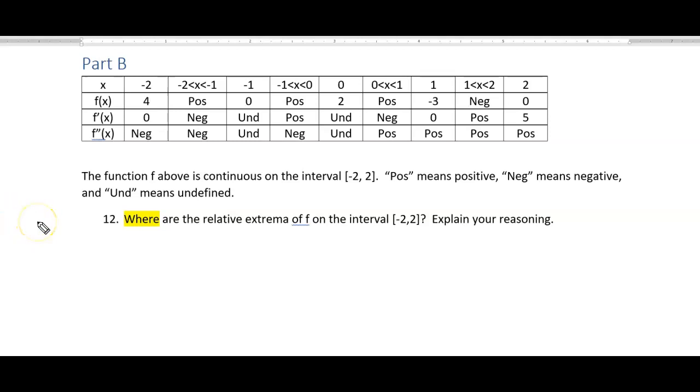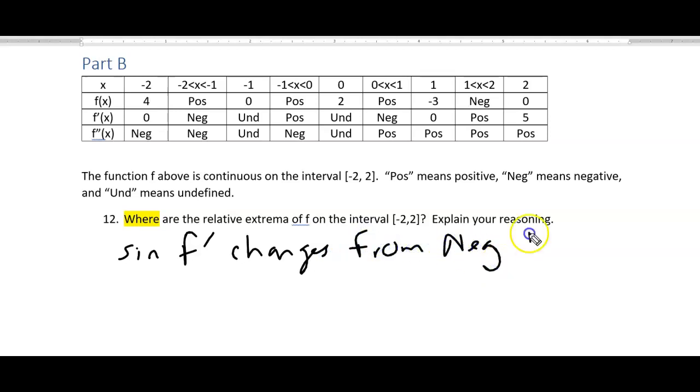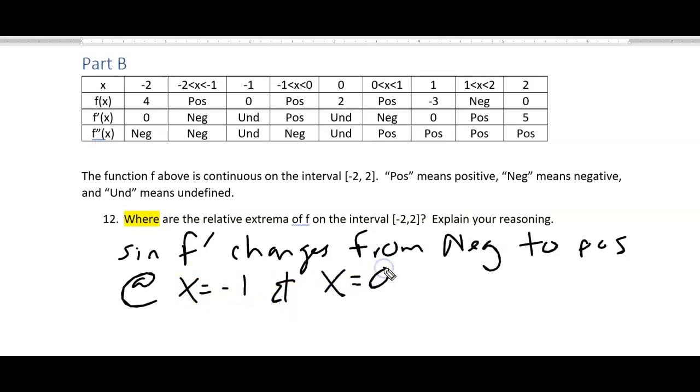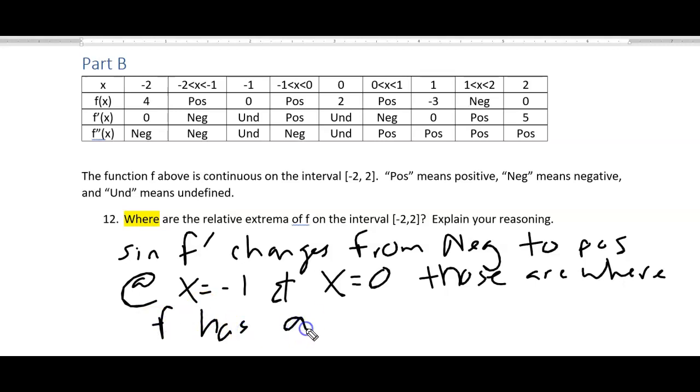So I'd say, let me change my color, since f prime changes from negative to positive at x equals negative 1 and x equals 0, those are where f has a relative min.